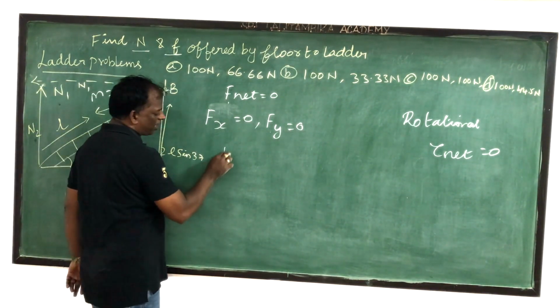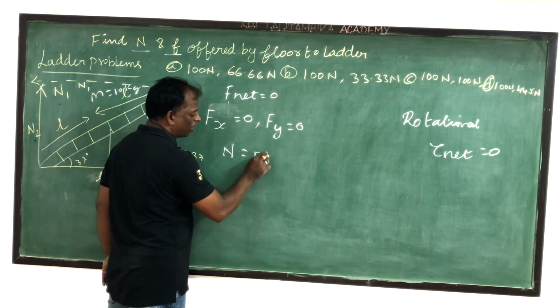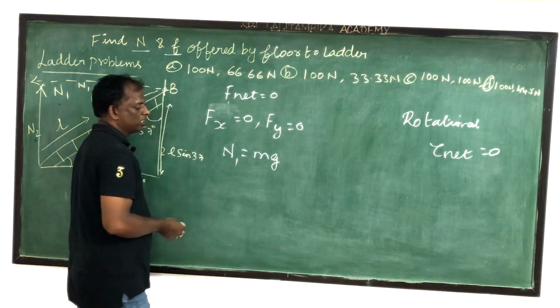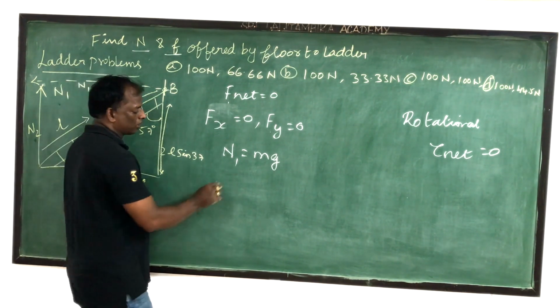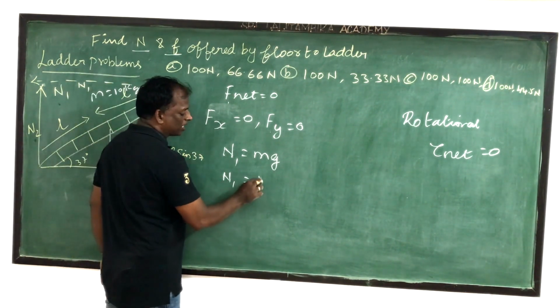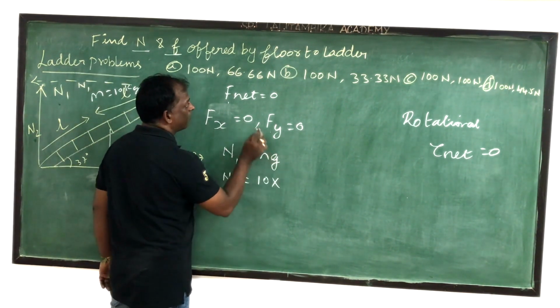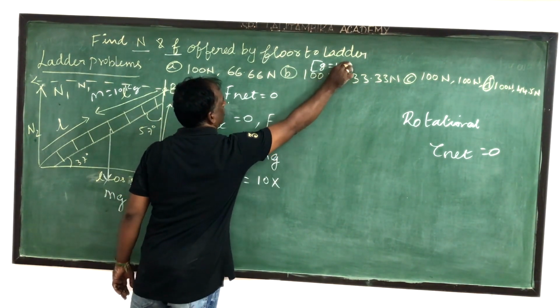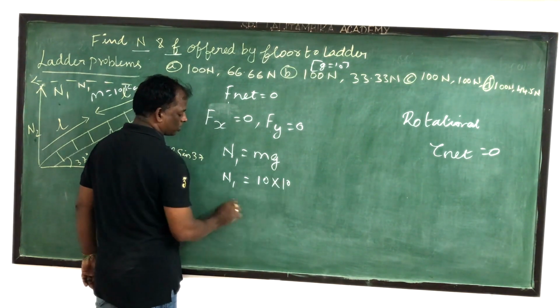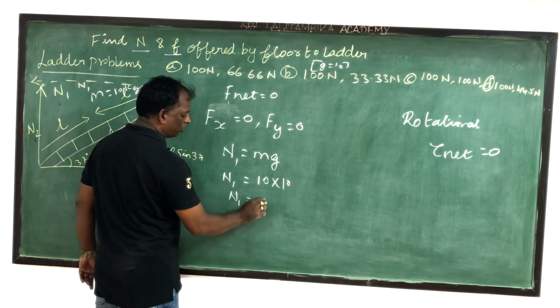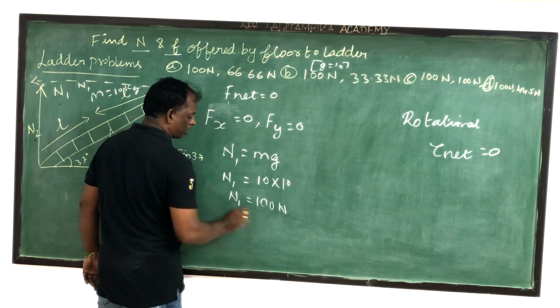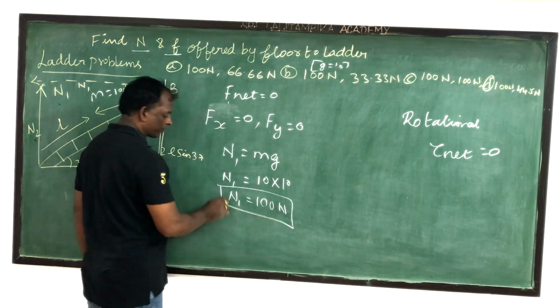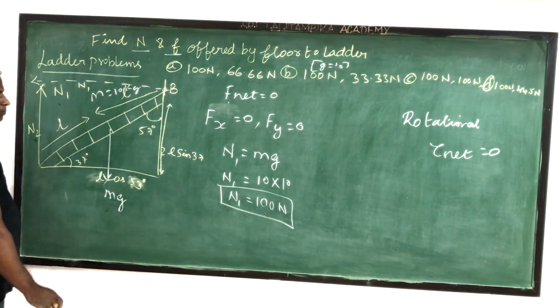So அப்ப normal reaction N1 is equal to mg. So what is the N1? N1 is equal to mass 10, acceleration due to gravity g is also 10, into 10. So N1 is equal to 100 Newton.